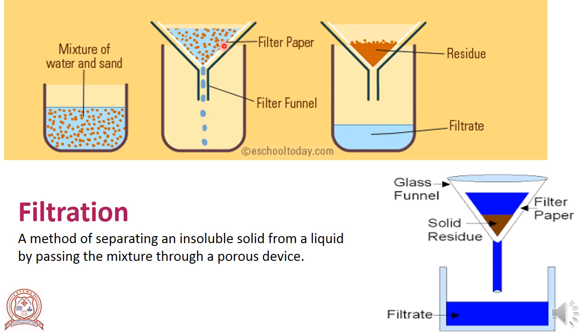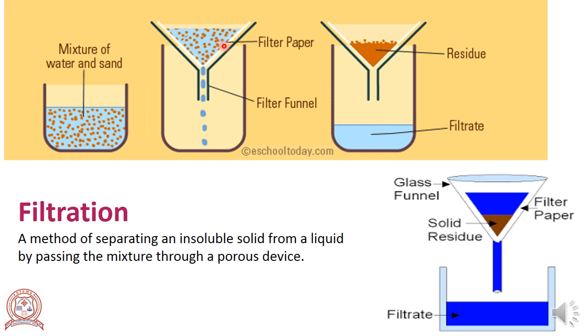When ghee is prepared from butter or cream, your mother must be using a muslin cloth to filter the pure ghee. Paneer is made from milk by adding lemon juice, curd, or acid while boiling. The paneer is then separated by filtering the mixture through a fine cotton cloth or through a strainer.